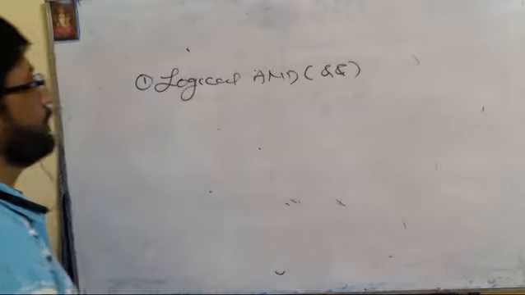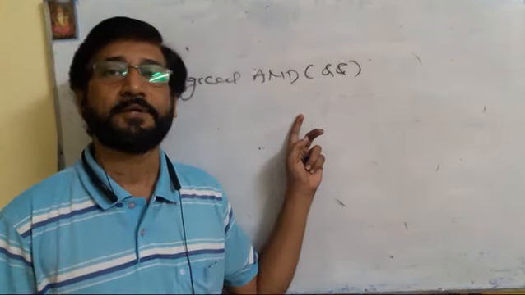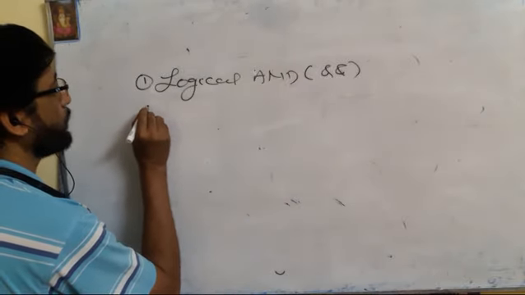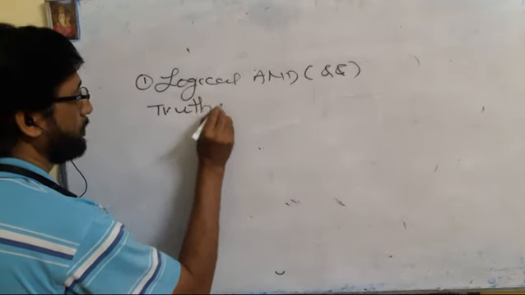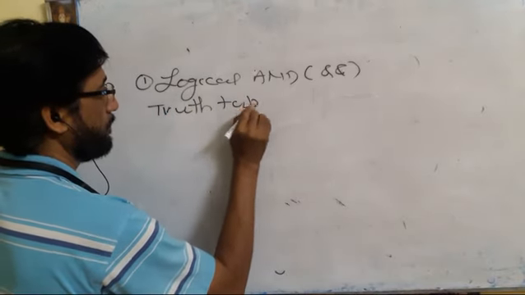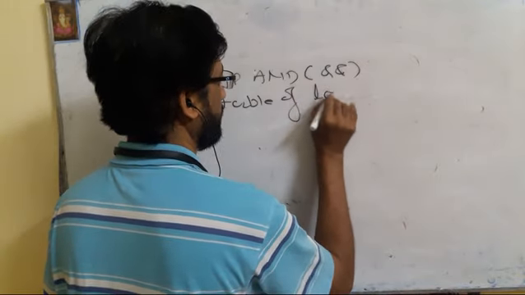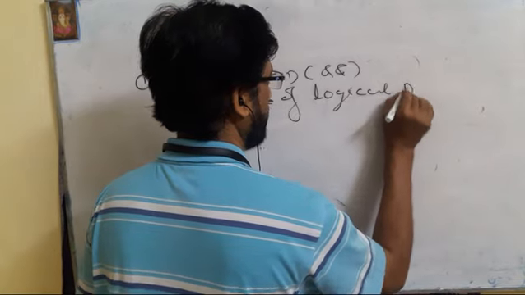For example, let us discuss it clearly with the help of a table known as a truth table. So now I write the truth table of logical AND.